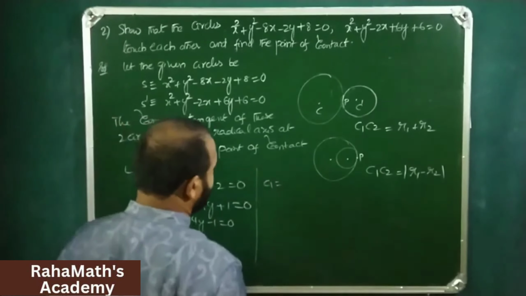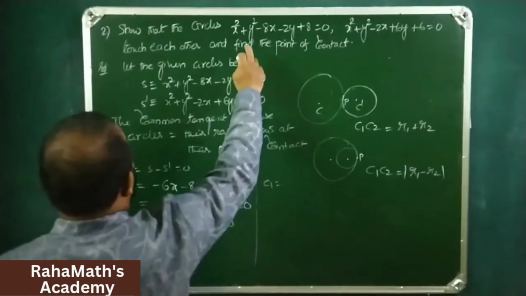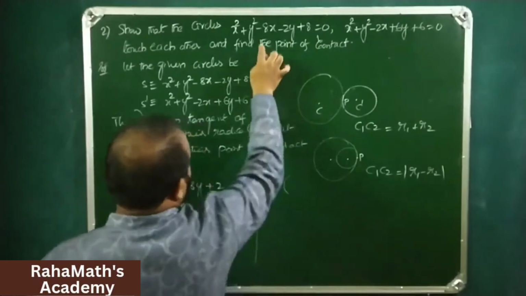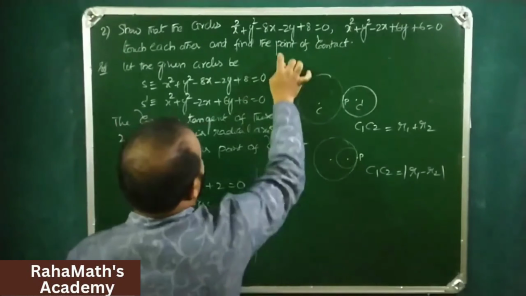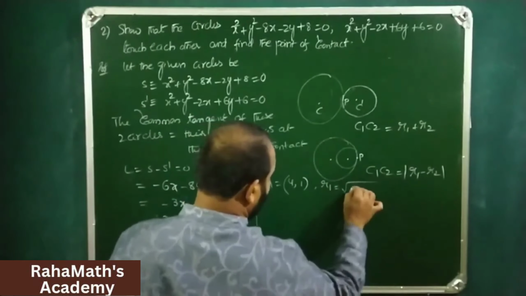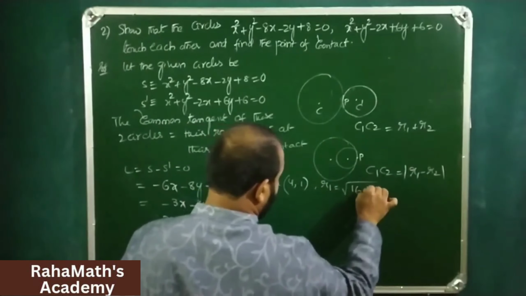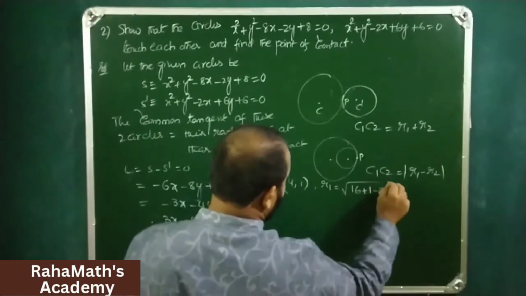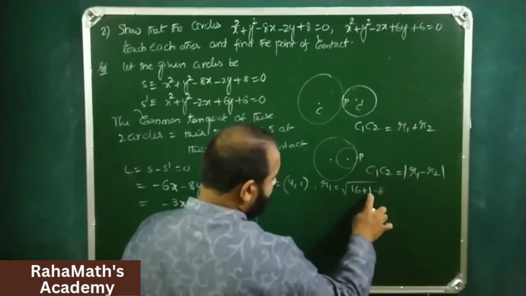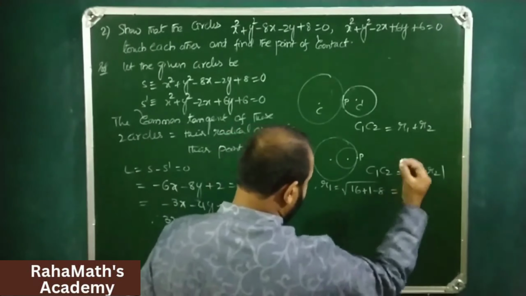C1 is the first circle center, 4 comma 1. Radius R1 is square root of 4 square 16, plus 1 square 1, minus 8: 16 plus 1 is 17, minus 8 is 9. This is 3.